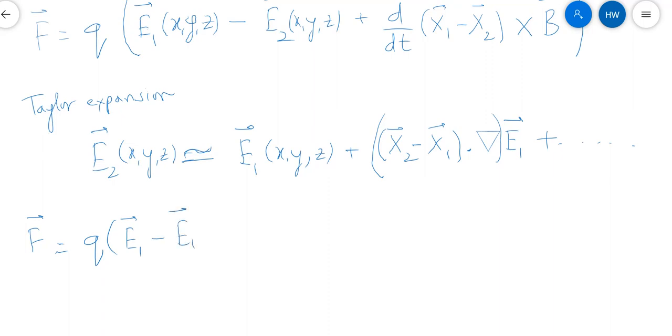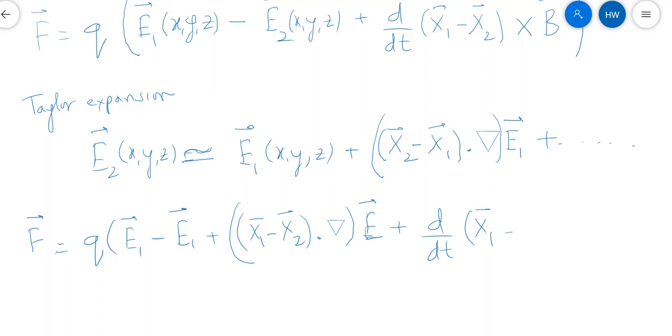This is E1 plus x1 minus x2, the change of sign has happened, dotted with the gradient operating on E, plus d by dt of again the same quantity, which is x1 minus x2, and you have crossed it with the B field.